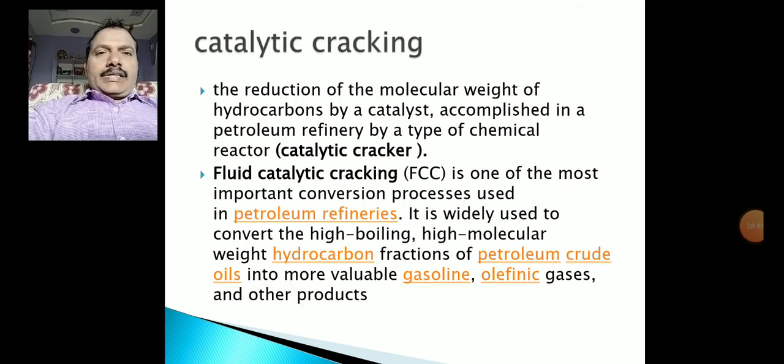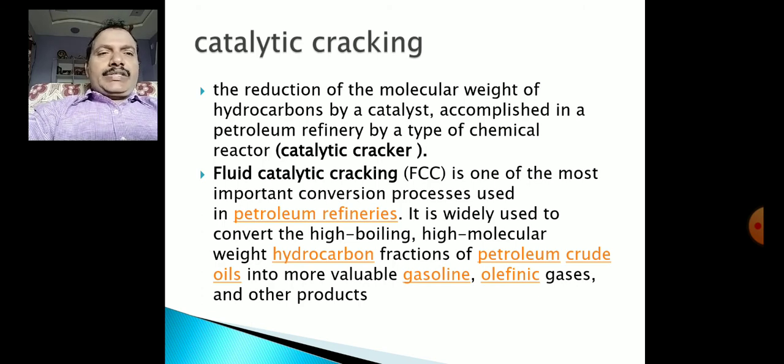And now let us see catalytic cracking. The reduction of the molecular weight of hydrocarbons by a catalyst is accomplished in a petroleum refinery by a type of chemical reactor, that is the catalytic cracker.